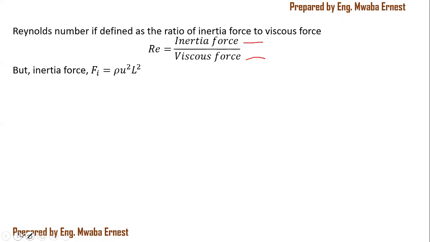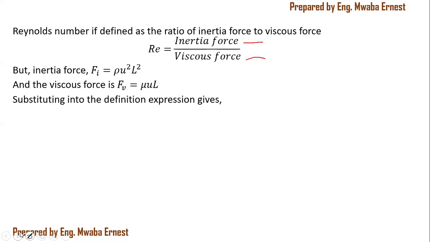So inertial force, that's Fi, is equal to density times U squared L squared. Then the viscous force, that's Fv, is mu U L. These are the ones that we're supposed to substitute.